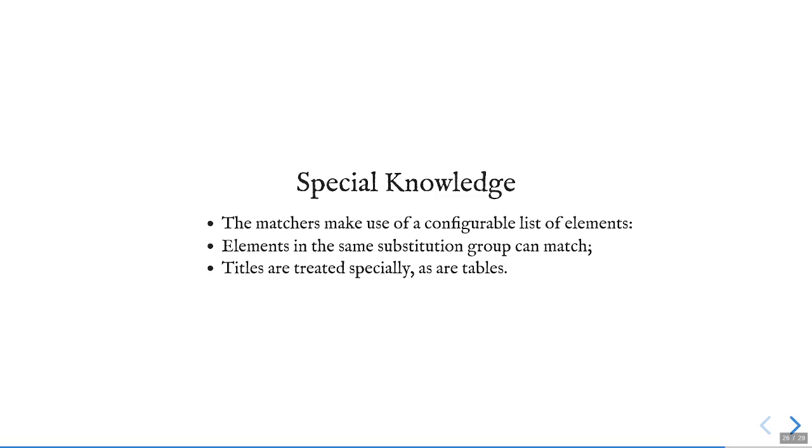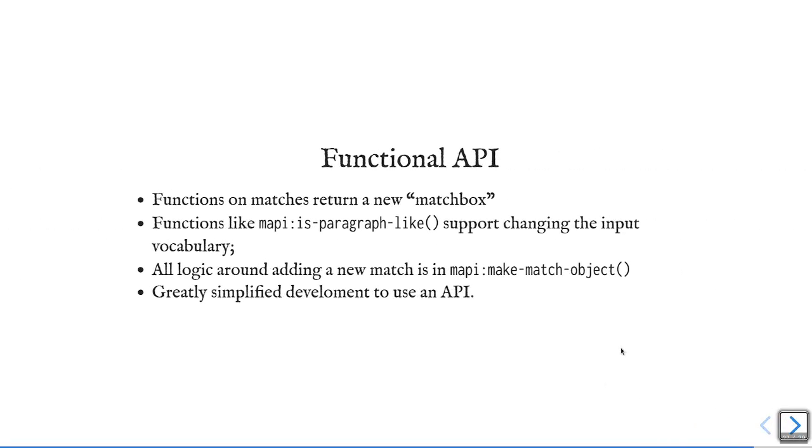So if you change an emphasis into a chapter, for example, we've gone wrong somewhere and we don't add that as a match. And titles are treated specially, so titles, captions and so on, as are tables. And we saw earlier the table matcher actually does an okay job. It's quite good.